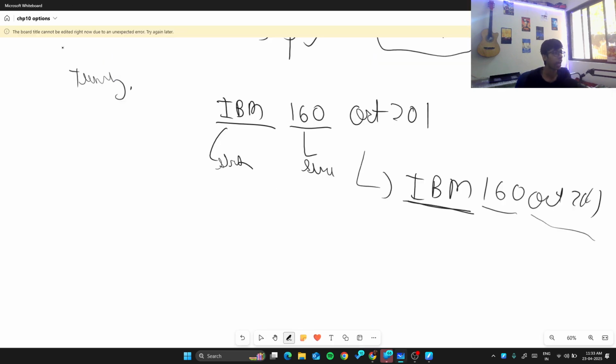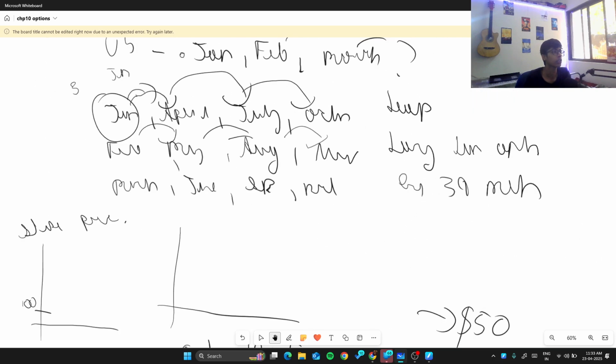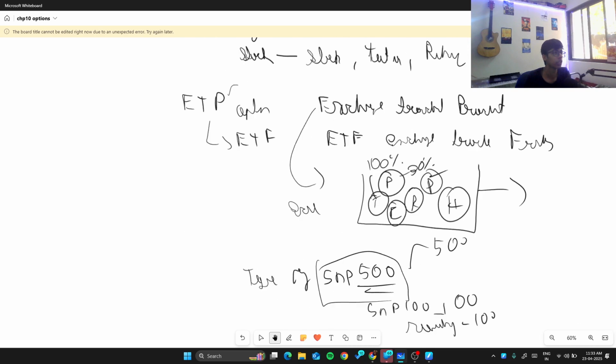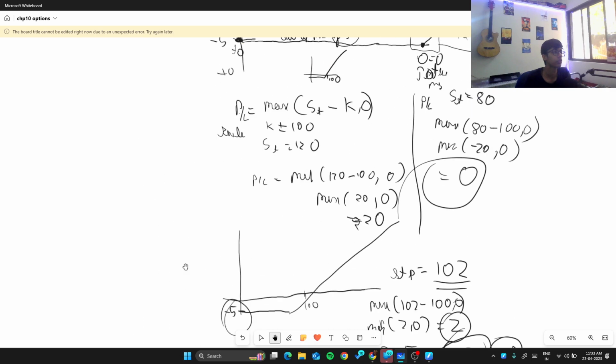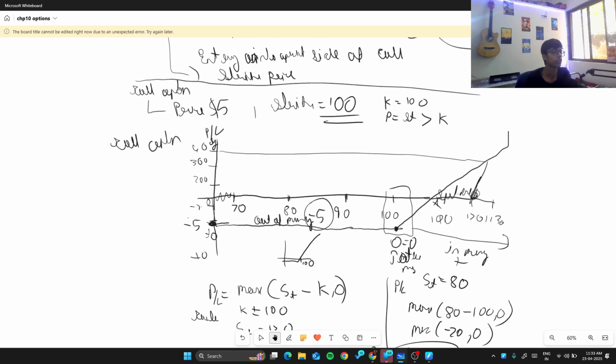And I have explained the concept of in the money, out of the money, and at the money. So let's go there. Here it is. If we are facing a loss of -5, we are out of the money. If we are at the strike price and our profit and loss is equal to 0, we are at the money, and in the money, we are in profit.